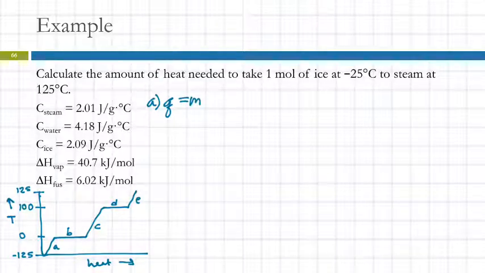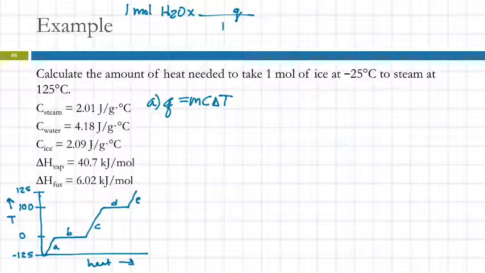So Q equals MC delta T. Well, what's our mass? They didn't give us a mass. 1 mole of ice, right? Ice is water, right? So we have to calculate how many grams.